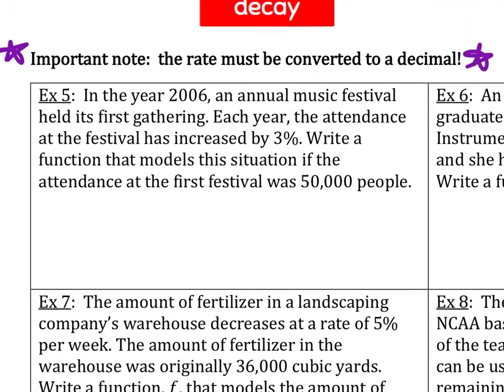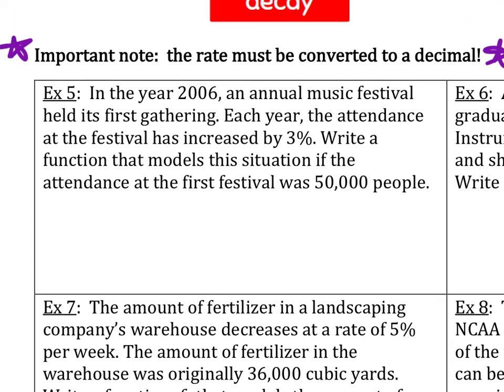Okay, let's look at example number 5 here. It says, in the year 2006, an annual music festival held its first gathering. Each year, the attendance at the festival has increased by 3%. Write a function that models this situation if the attendance at the first festival was 550,000 people. Here's a couple things I need us to look for. What does this word increased tell me?